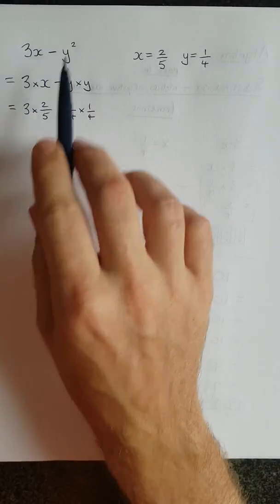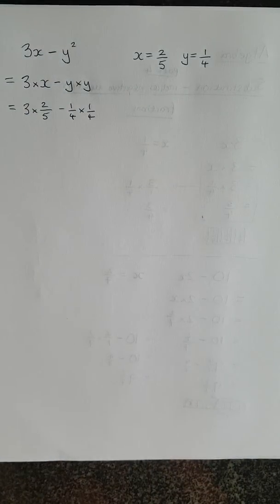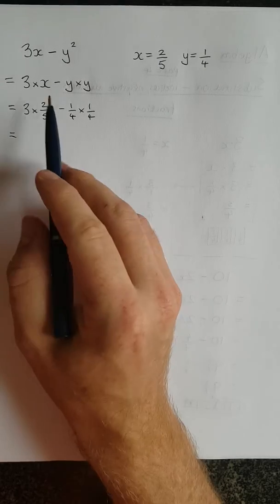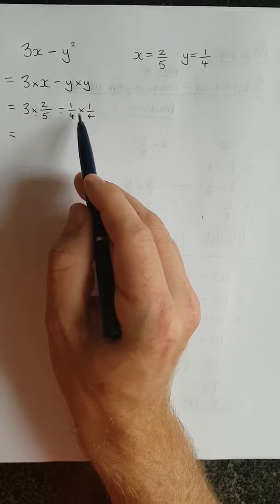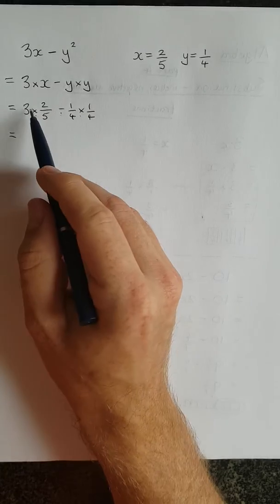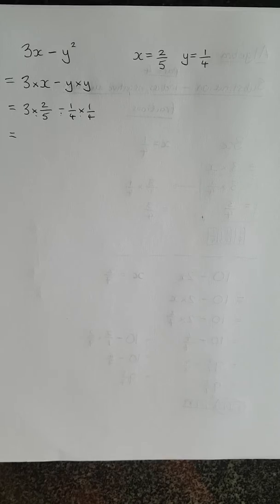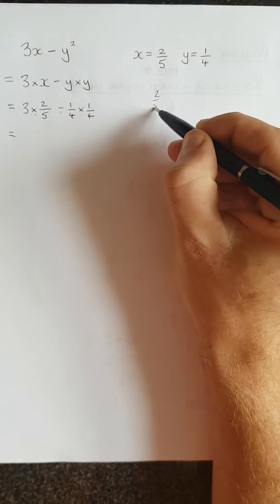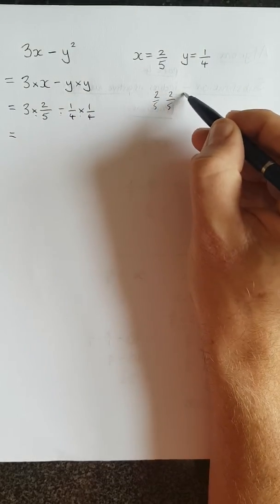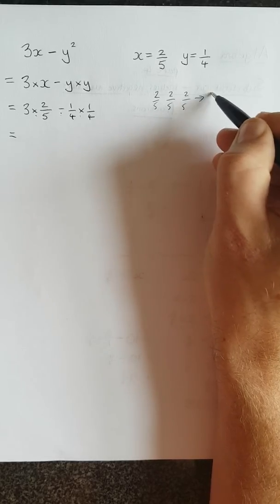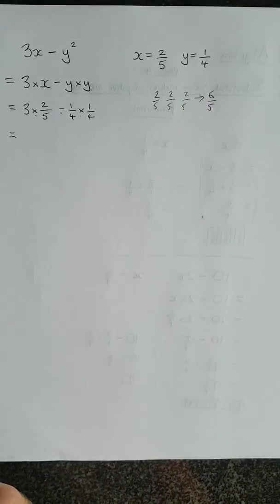By now your setting out is really clear and consistent. Multiplication will come before the subtraction. 3 lots of 2/5. So that's 2/5 and 2/5 and 2/5, which is 6/5.